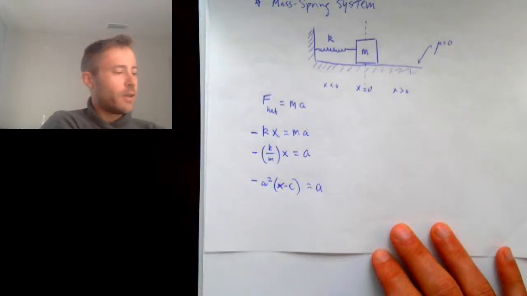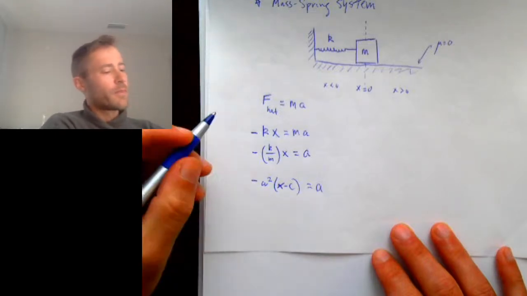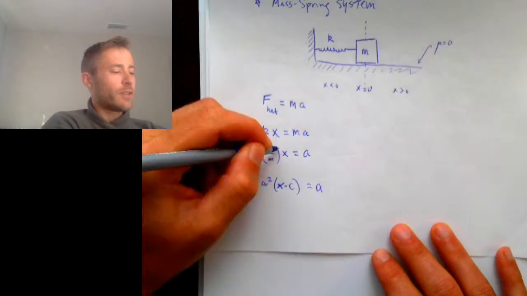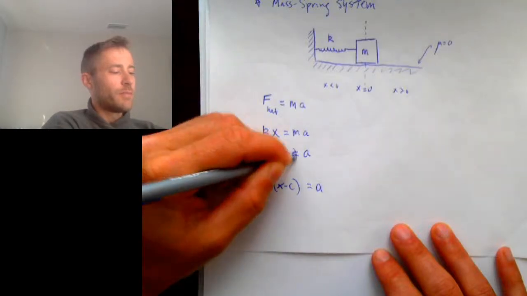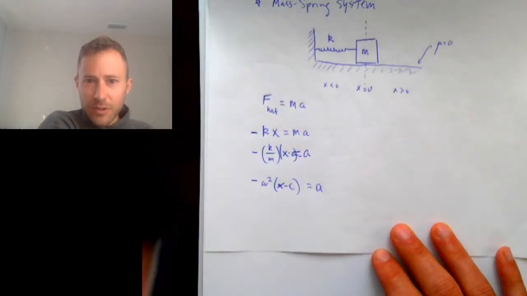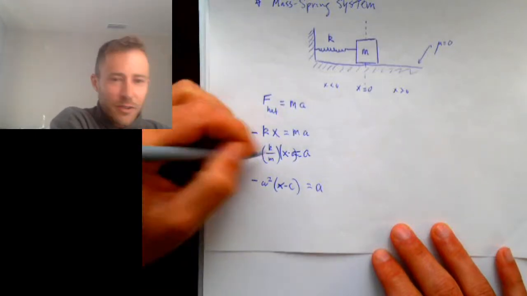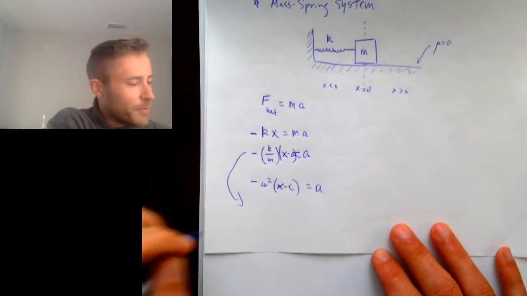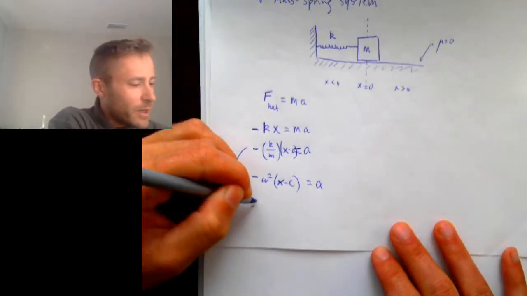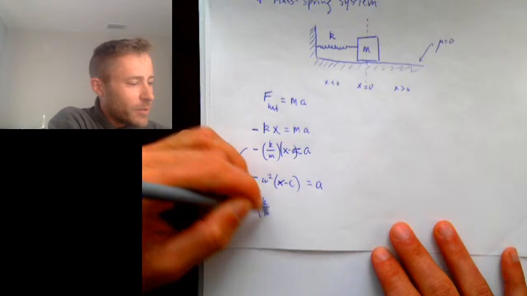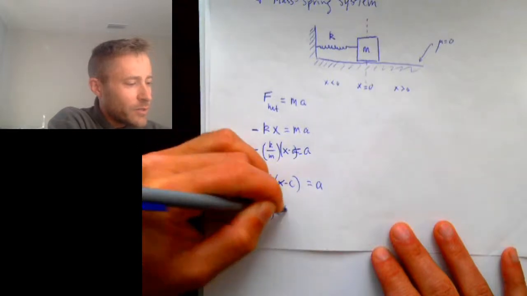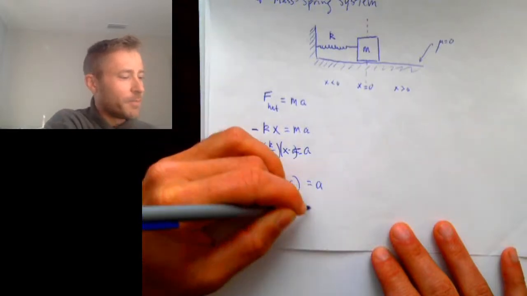And actually, we could write it as x minus 0 in this line, just to make it clear. So I'm going to actually rewrite this. So rewriting this, negative k over m times the quantity x minus 0 equals a.